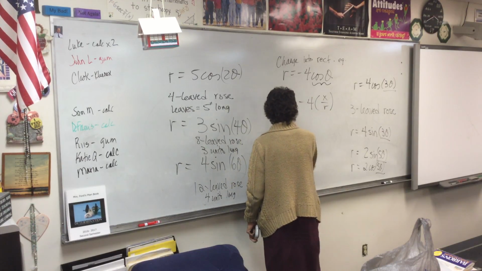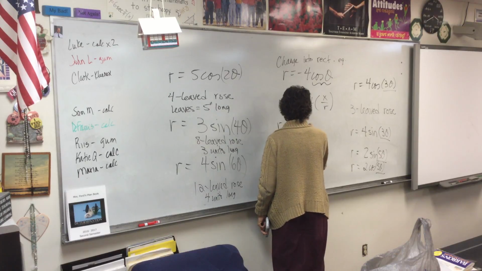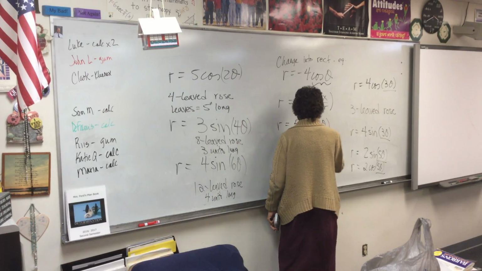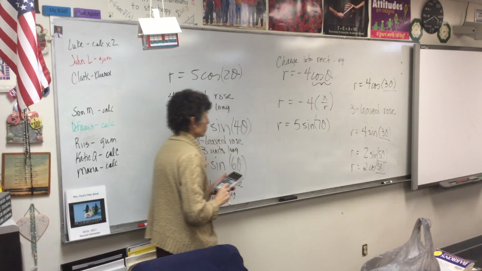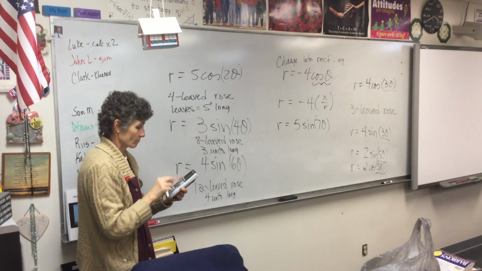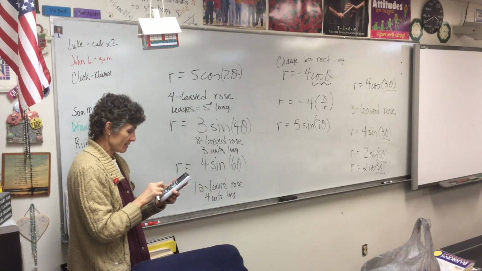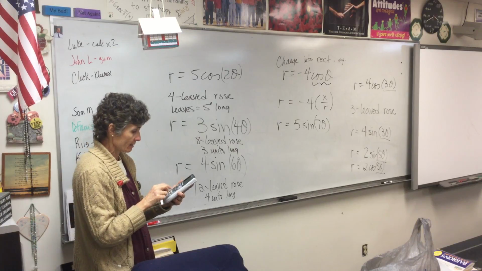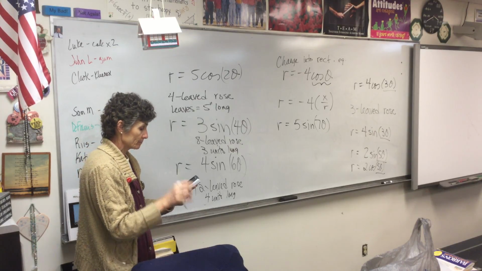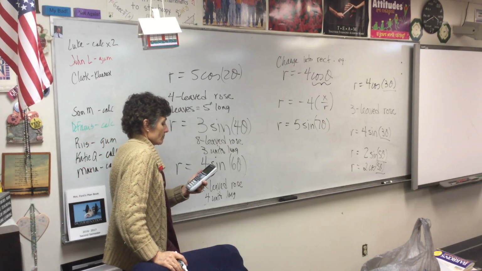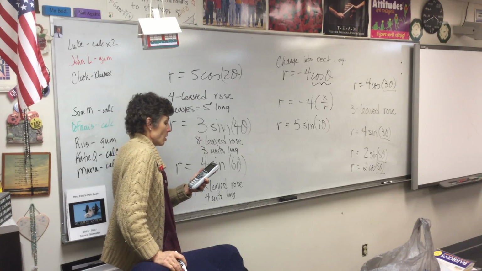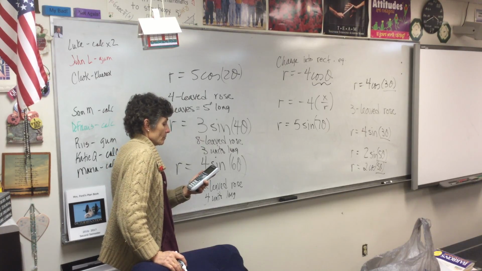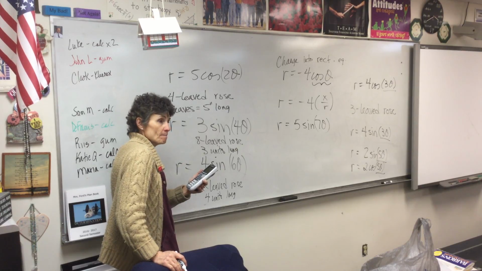Let's do r equals 5 sine 7 theta. So we're graphing 5 sine 7 theta. The leaves are 5 long. How many are there? 7.